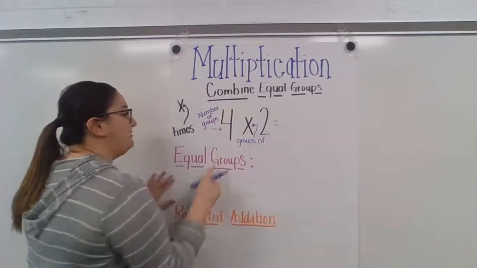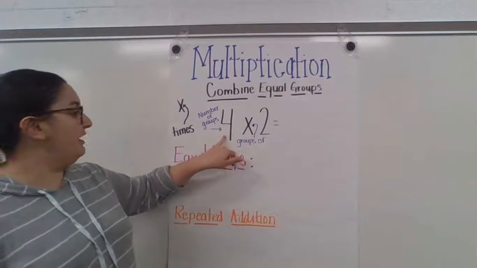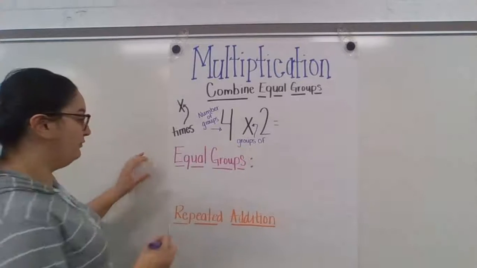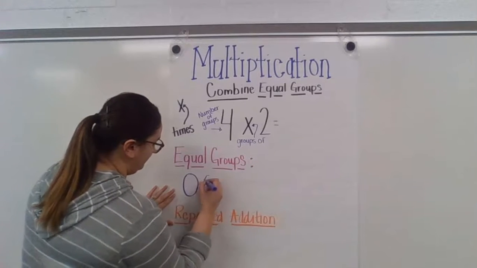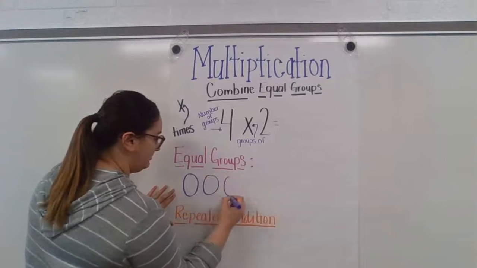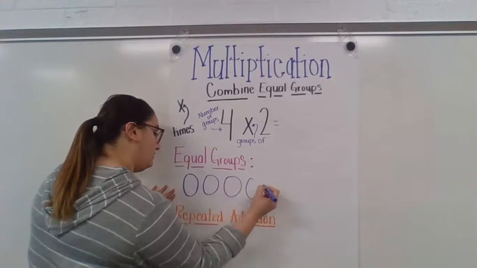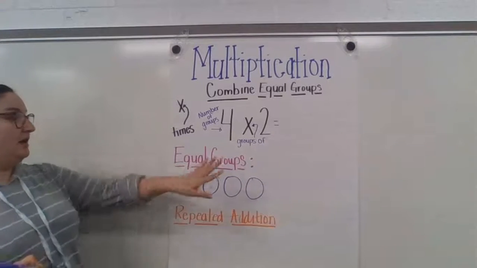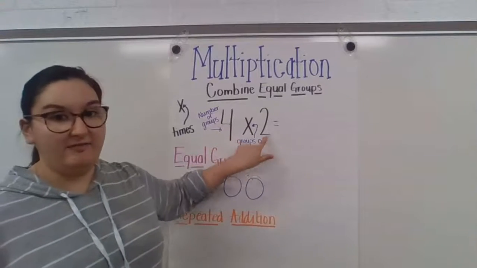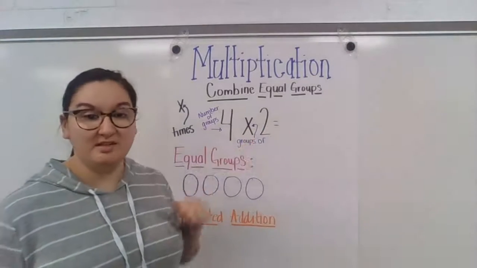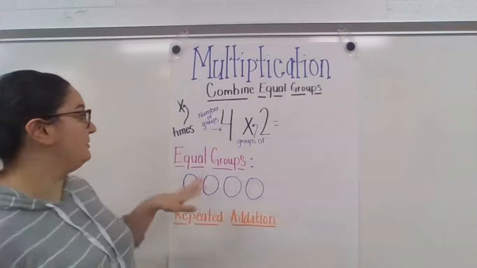Okay, so if I were to see 4 times 2, I know that I need to make 4 equal groups. So 1, 2, 3, 4. Okay, and I know the times means 4 groups of, and this number 2 tells us how many are going to go in the group.